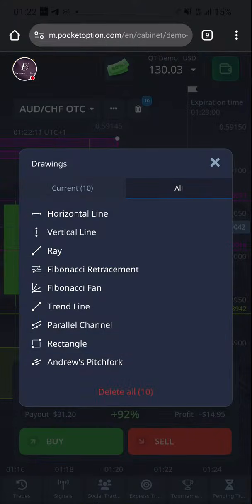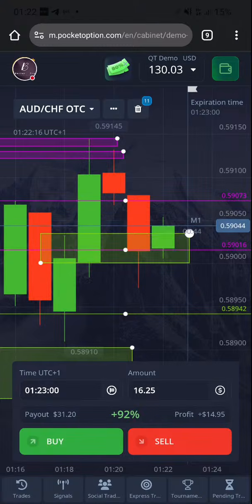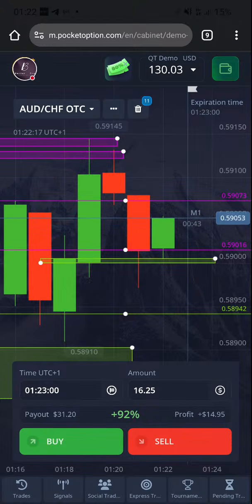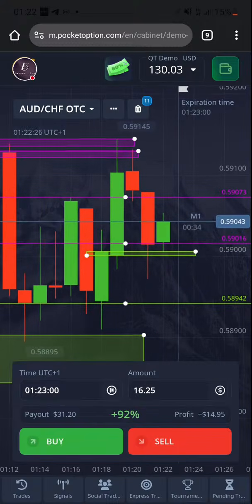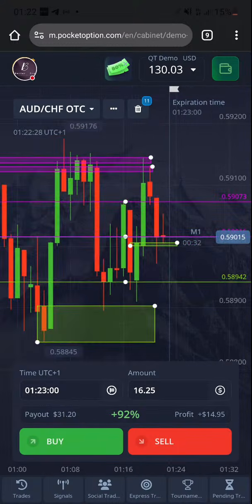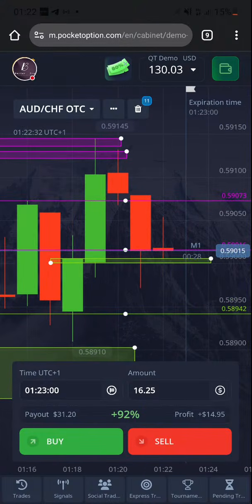If it had closed down here, this would have been amazing. I was hoping to take this trade under this round number, 0.59000. That would have been a very beautiful entry, especially if there was a gap down. You understand? But sometimes it happens like that.